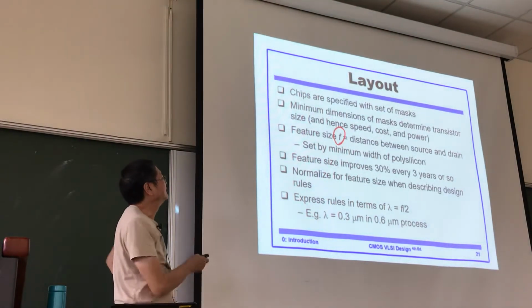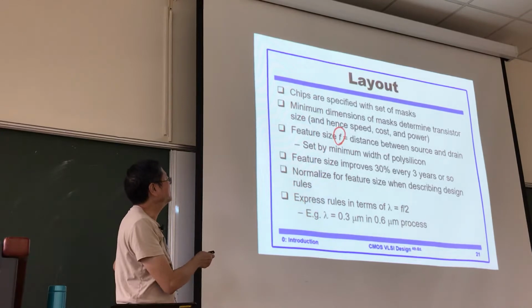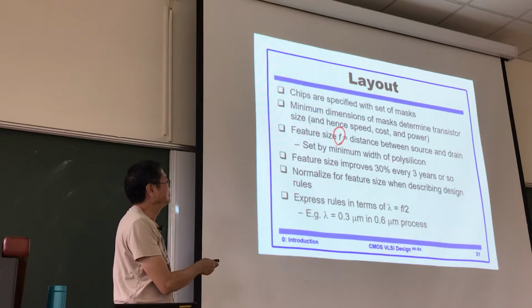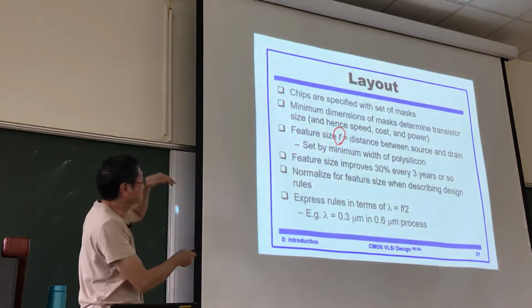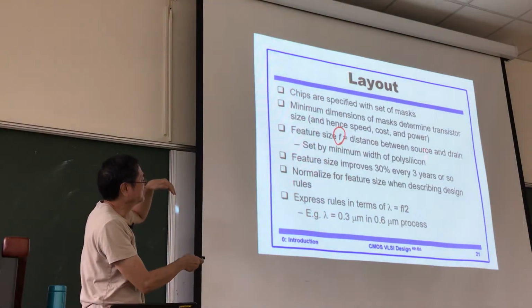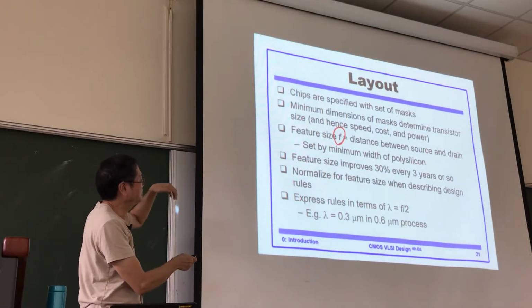And that equals the minimum width of the polysilicon. So what does that mean? Try to remember this definition: the distance between source and drain, or the minimum width of polysilicon.